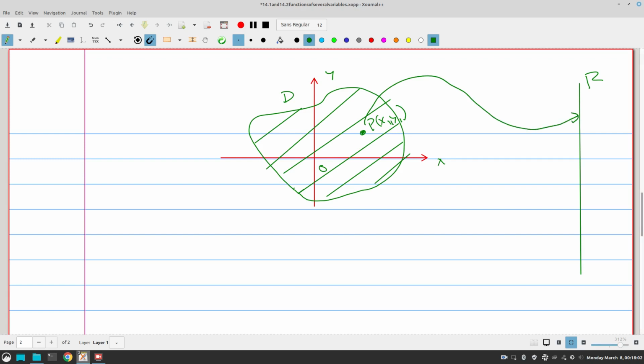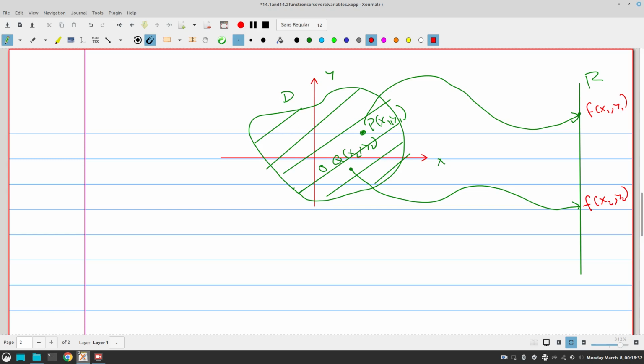This output is, of course, then f of (x1, y1). Let's say a point Q, (x2, y2). The output is f of (x2, y2), and so on and so forth.